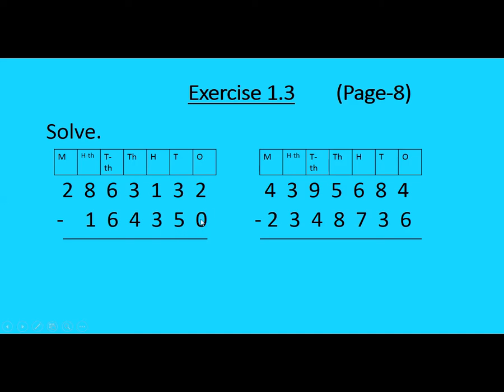The last value is 0, that would be below ones place, then tens place value, then hundreds place value, then thousands place value, 10,000s place value, and then 100,000s place value, and there is no millions value. Okay, now read it. 163,350.